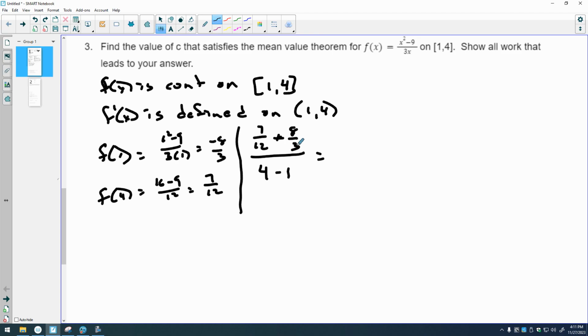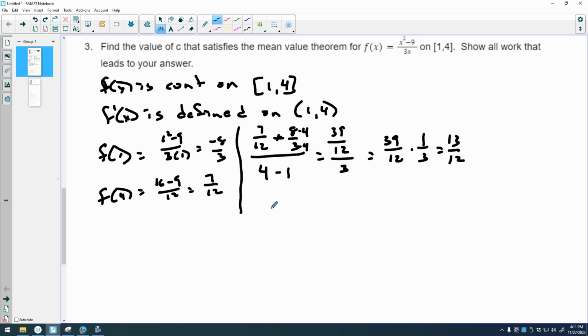Common denominator makes that a 12, makes that a 32, makes that a 39 over 12 divided by 3, which, multiplying by the reciprocal, is 39 over 12 times 1/3, which gives me 13 over 12. I times this by 4 to get 12, so I had to times this by 4. That gives me 32 plus 7 is 39. Common denominator is 12.